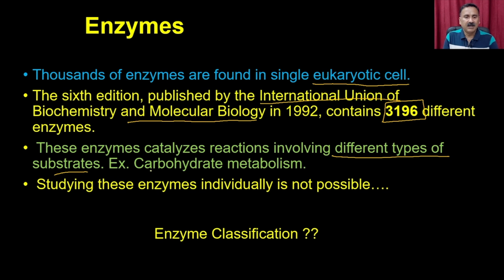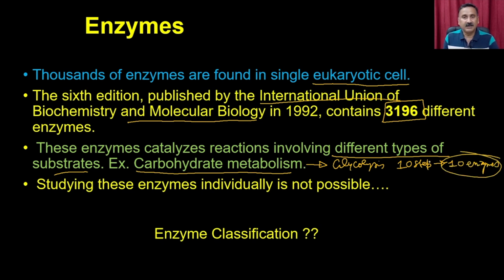For example, we have different types of enzymes in carbohydrate metabolism. In glycolysis itself, we have 10 steps, and in these 10 steps, 10 different enzymes participate in catalyzing the different reactions, working with different types of substrates.